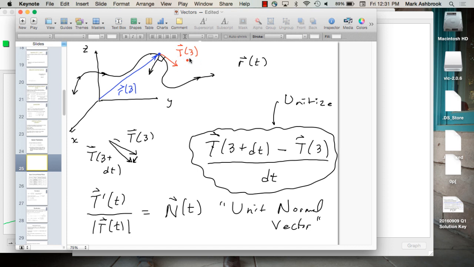That's what that is. And then this one is N of 3. That's the unit vector describing the direction of turning. So turning to the right, in this case. It's going to go out perpendicular to the direction of motion, turning to the right.